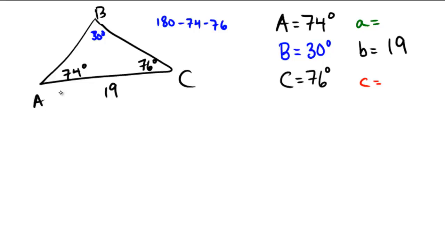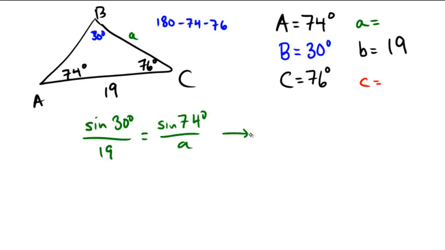So for the green, trying to find side A, we would do sine of 30 degrees over 19, sine of B over B, equals sine of 74 degrees over A. So simplifying this would yield A equals 19 sine 74 degrees over sine 30 degrees. Effectively, we're moving that one down here and moving this one up here, and then the A is coming over to the other side. So we're switching these two and moving the 19 up.